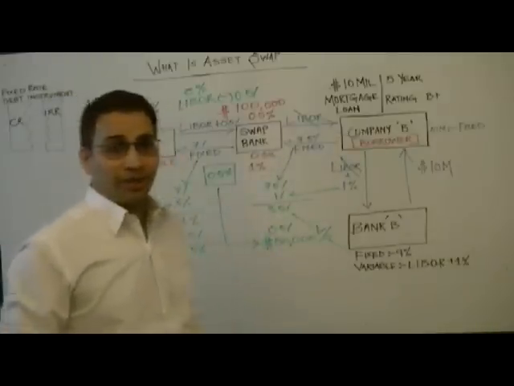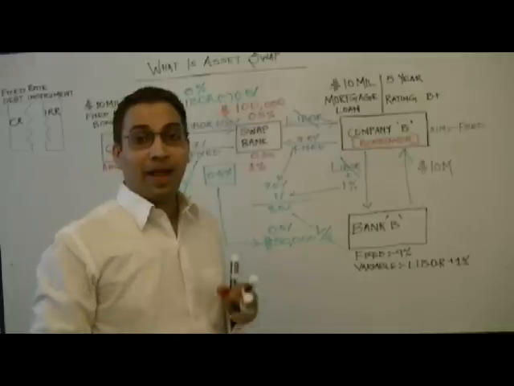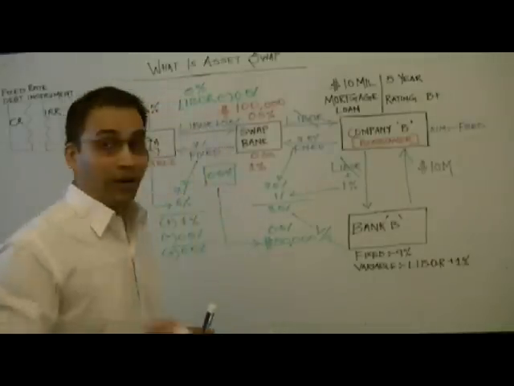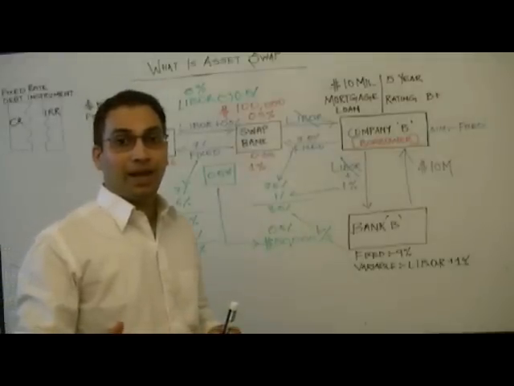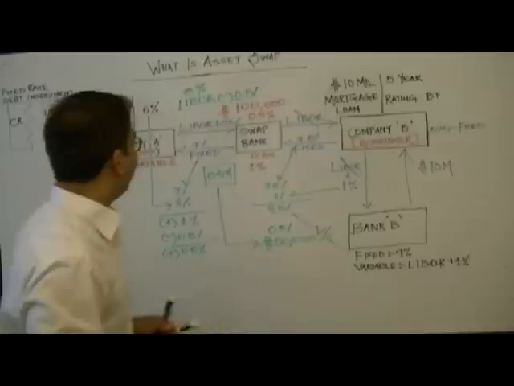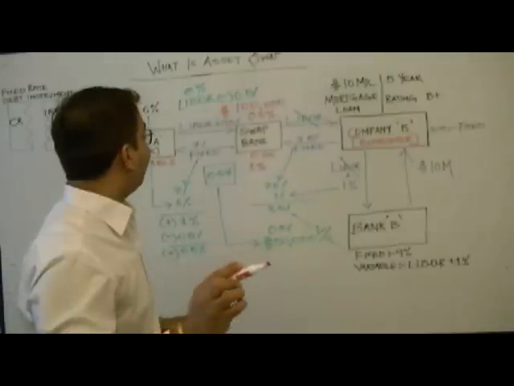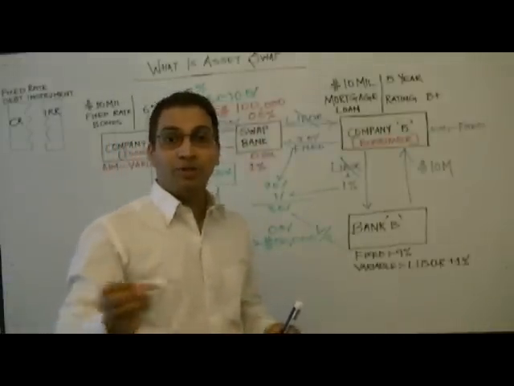So I hope this will definitely help you understand how asset swap and interest rate swap work in the swap market. If you have any question, any comment, drop me an email on my email ID or put your comments. As we said earlier, the asset swap and interest rate swap work on similar ground.